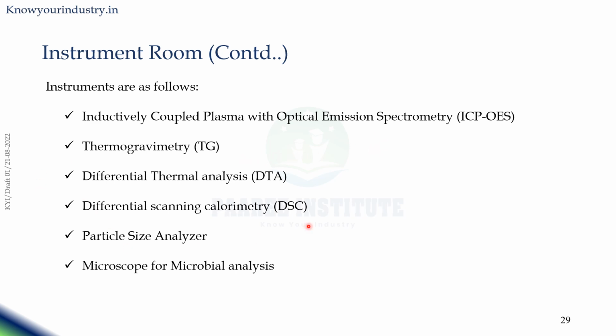There can be several additional instruments available in the analytical laboratory. So this is not a limited list, but for the understanding of the instrumentation, we have provided the names of instruments generally available in the analytical laboratory. Again, the list depends on the purpose of the specific laboratory.